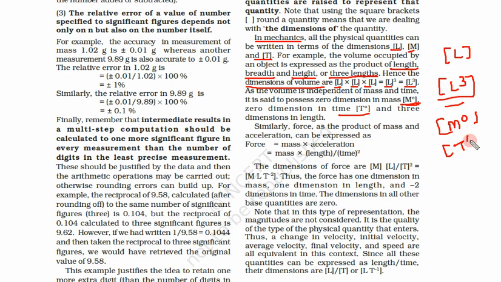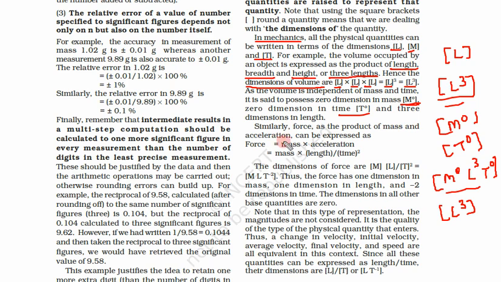When a physical quantity does not depend on a dimension, we put 0 power of that. So in general we can represent volume as mass to the power 0, length to the power 3, time to the power 0, or simply as L cube.